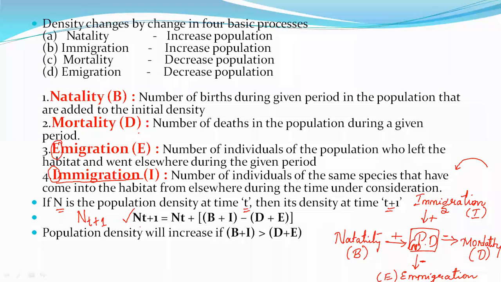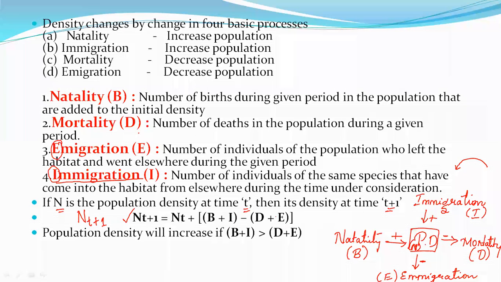N(T+1) is the population density at any time. N(T) is the population of the previous year or the initial population, and B is the natality, that is the birth rate. I is immigration, D is mortality, and E is emigration. Now, why is it taken?